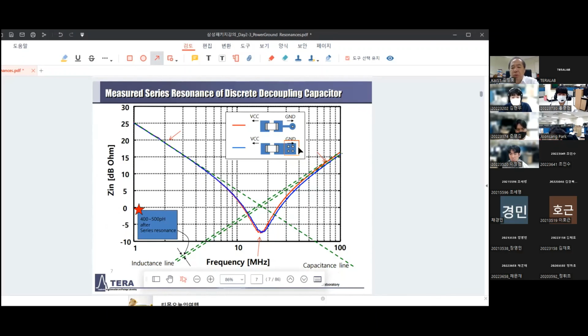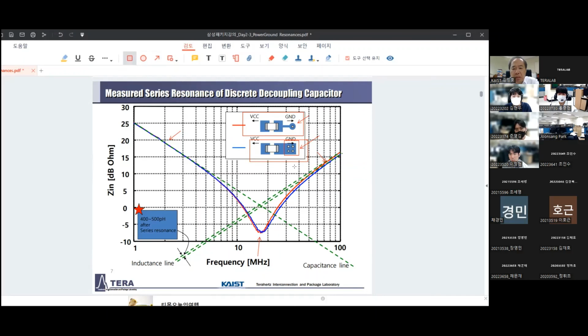But we measured two different cases. One is this one, where we have only one via. The second case is another design where we have 4 vias. Of course, compared to the 1 via case, the 4 via case has smaller inductance.